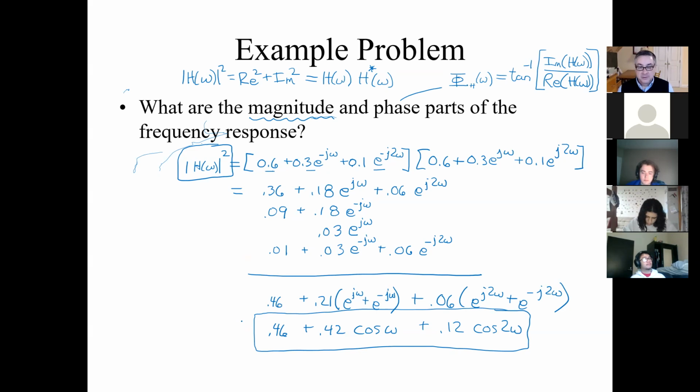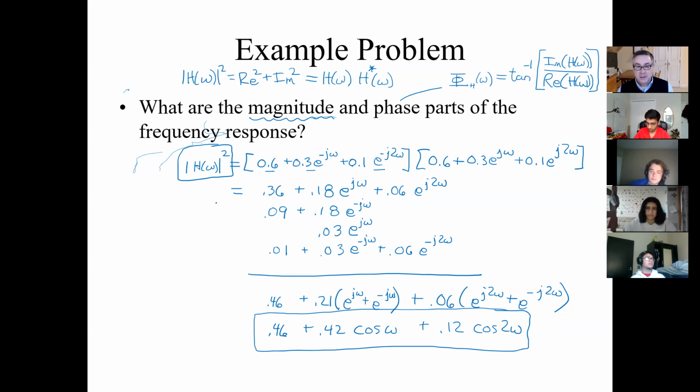Now notice, if you do all the math correctly, since this is a magnitude squared, it should be an all real quantity. Okay, magnitude should not have an imaginary part in it, because we're essentially taking the imaginary elements out in a sense, like an absolute value, right?